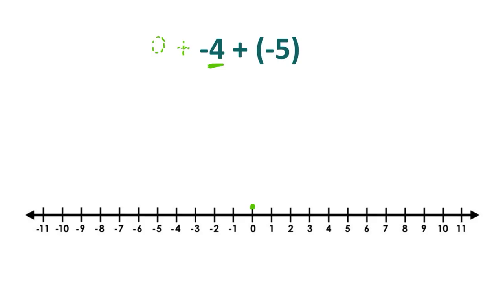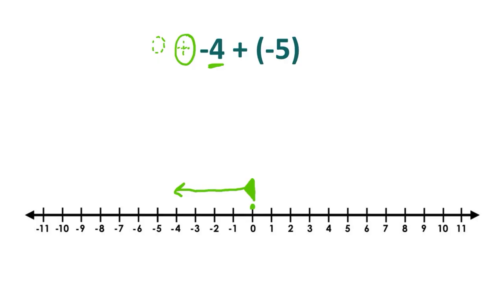Because it is a negative number, I'm facing the negative side. I know I'm going to move 4 units, but my operation tells me I'm moving 4 units forward. So 1, 2, 3, 4. And I land on -4. So I walked 4 units, and I'm now on -4.